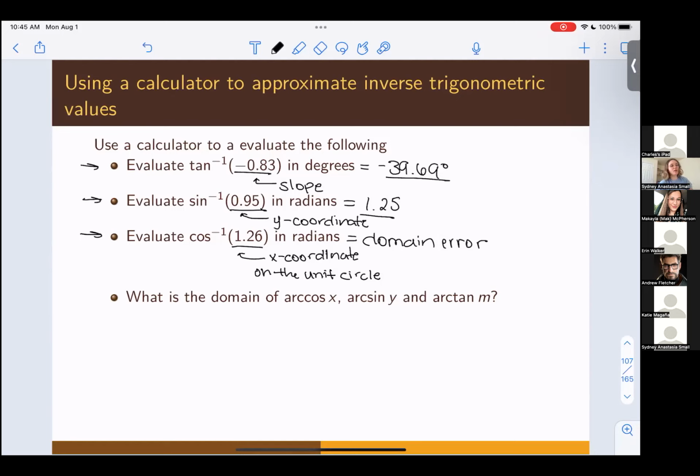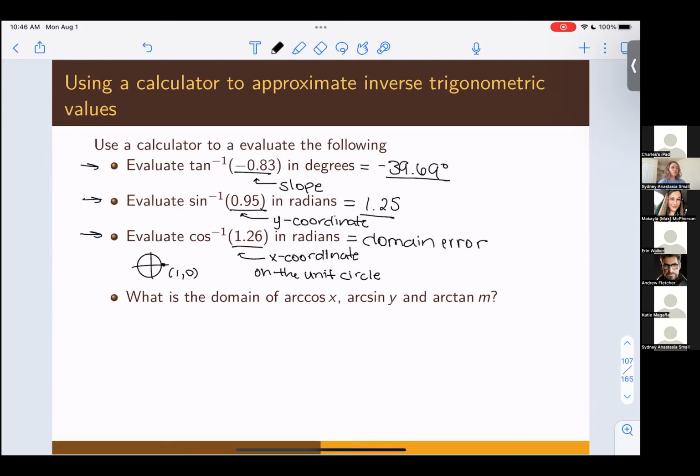And why is that? Well, if we remember, here's our little unit circle. It's very little. This right here is an input. This is the x coordinate on the unit circle. And if we remember, let's just talk about that coordinate right here. That coordinate is 1, 0. We cannot get x coordinates on our unit circle larger than 1 because the unit circle by definition has a radius of 1.